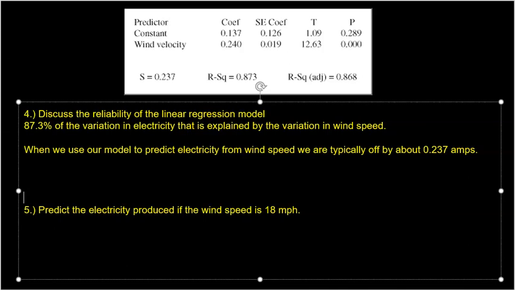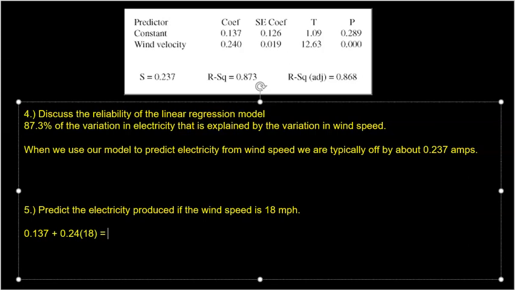All right, the last thing we're going to do is predict electricity for a wind speed of 18. Now, 18 does fall in my window of 10 to 40 miles per hour, so this should be pretty good. So the electricity is going to equal 0.137 plus 0.24 times 18.